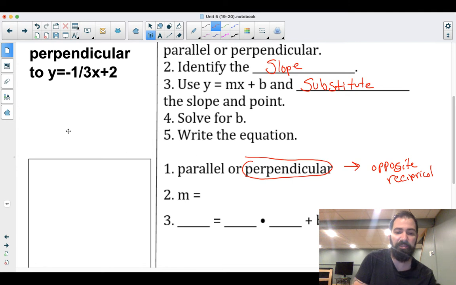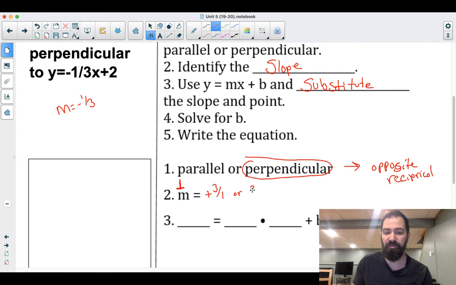So what is our new perpendicular slope? We know this slope is negative 1/3. What's the new perpendicular slope? Well, that's an opposite reciprocal. So negative 1/3, the opposite of a negative is a positive. The reciprocal of 1 over 3 is 3 over 1.